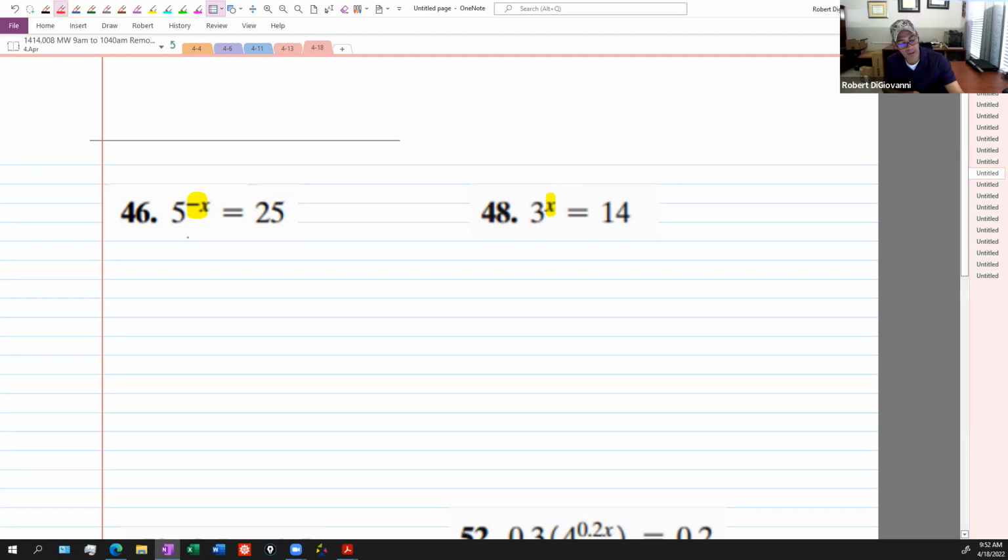So if I rewrite this as a log, the base would be 5, this would be 25, and the other side would be -x. So just check for yourself that when you did the loop, you would get back this equation up here. Do y'all agree? Yes?